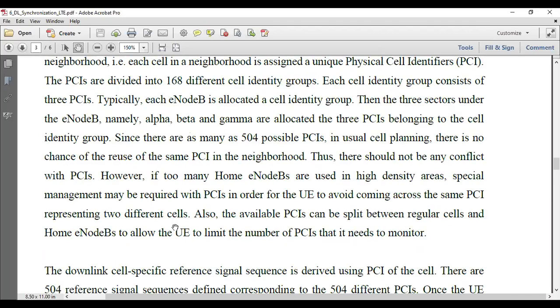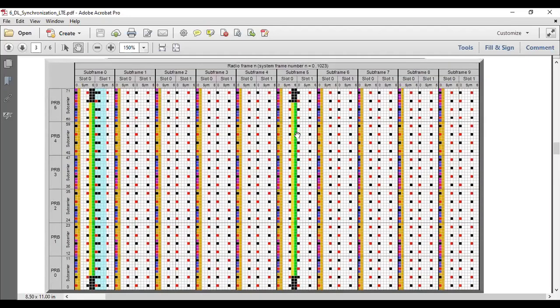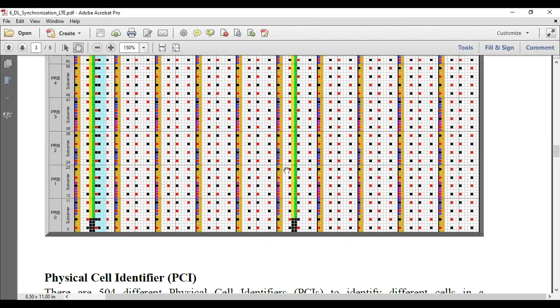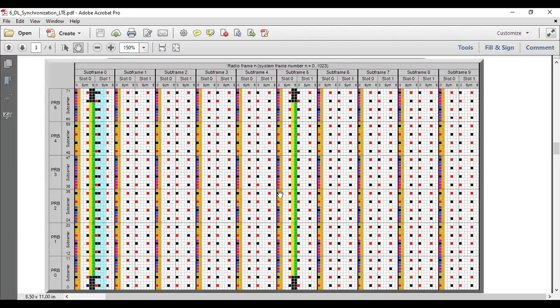And also, you know that this is the end of your slot. Now you know what the symbol period lengths are, so you actually know where the subframe starts. You have already resolved the subframe boundary. However, it could be the boundary of this subframe, the sixth subframe, or subframe 0.